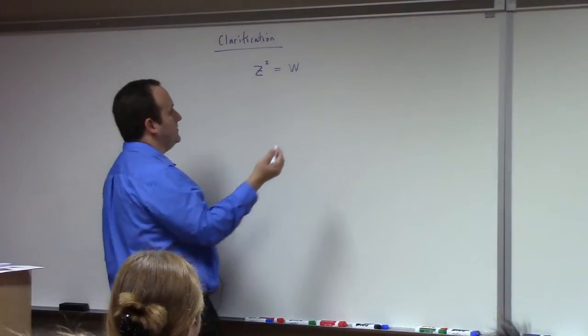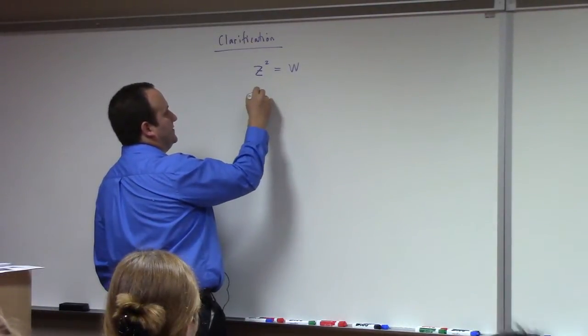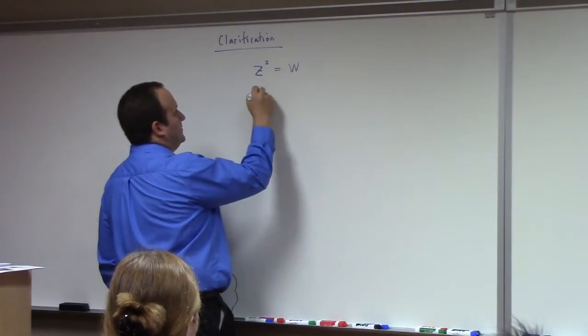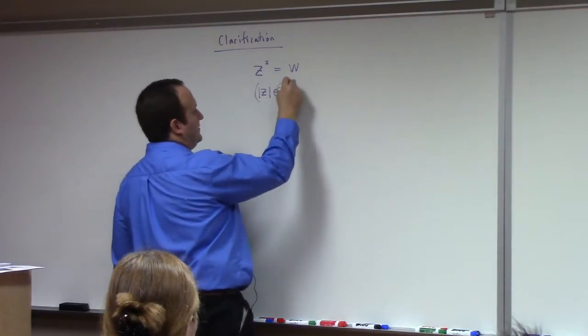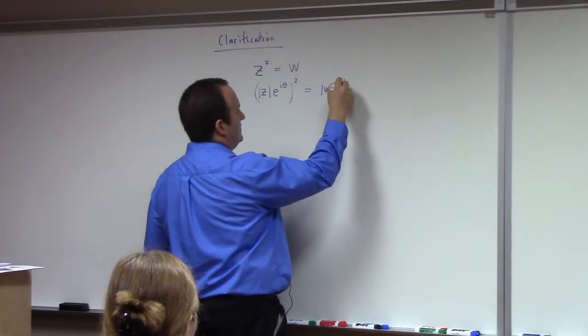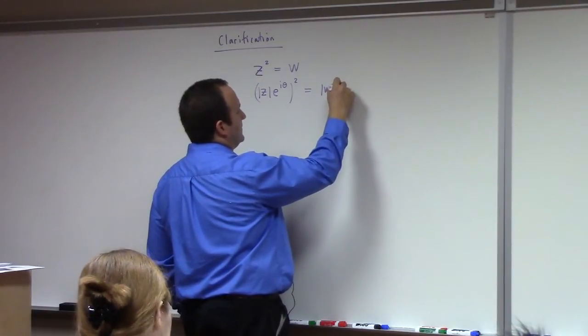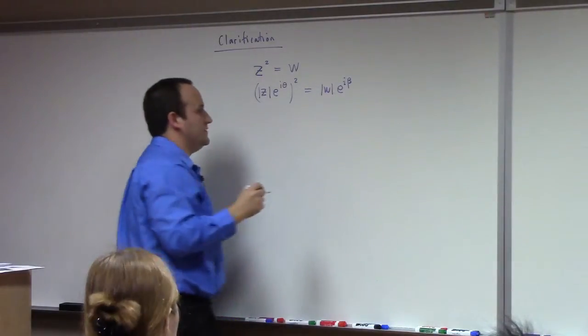Basically, if we're going to solve z squared equals w, what you can do, essentially, is just go down to base principles. That's the modulus of z e to the i theta, quantity squared, equals the modulus of w e to the i, let's call it beta, for the sake of discussion.